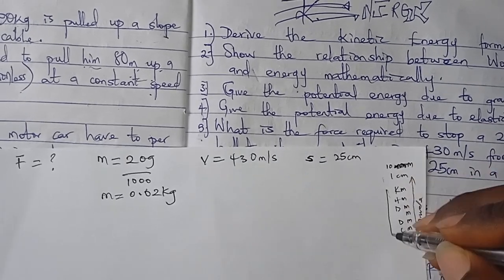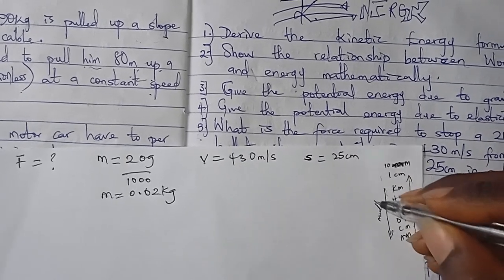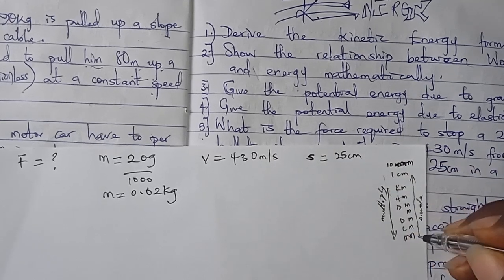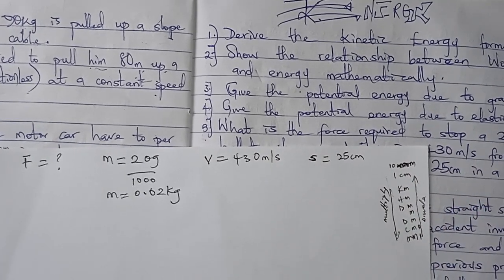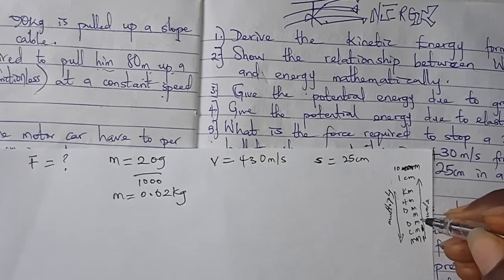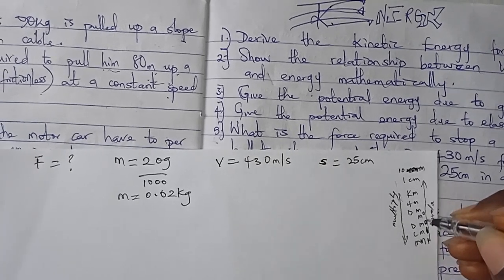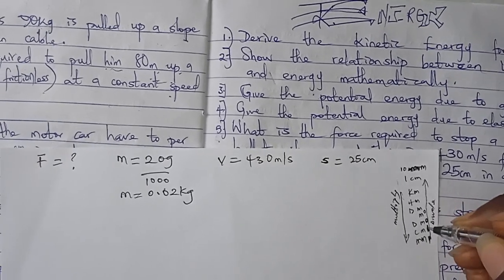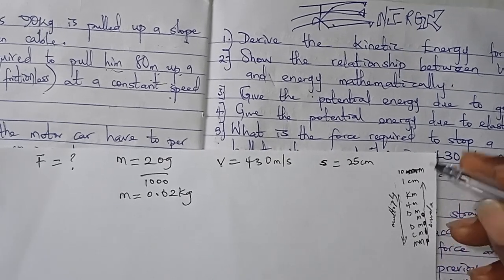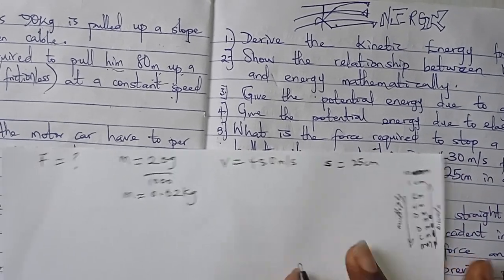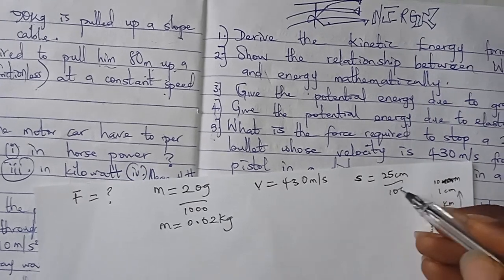If we are coming this way, we multiply. So if we have 10, we divide by 10. Here is 1, 0, 0, so 100. Since we are going this way, we divide by 100. So 25 divided by 100.